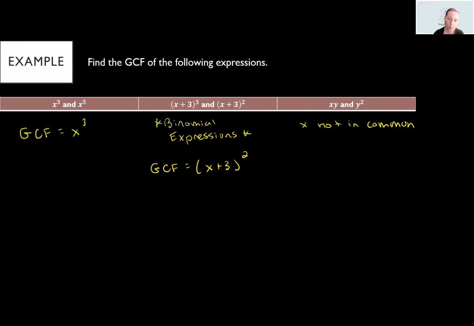So we've got a y without an exponent and then a y with a 2. Without an exponent, that's considered a 1 exponent, and 1 is smaller than 2. So your GCF is a single y. No exponent compared to an exponent of 2, no exponent is smaller. So that is your greatest common factor.